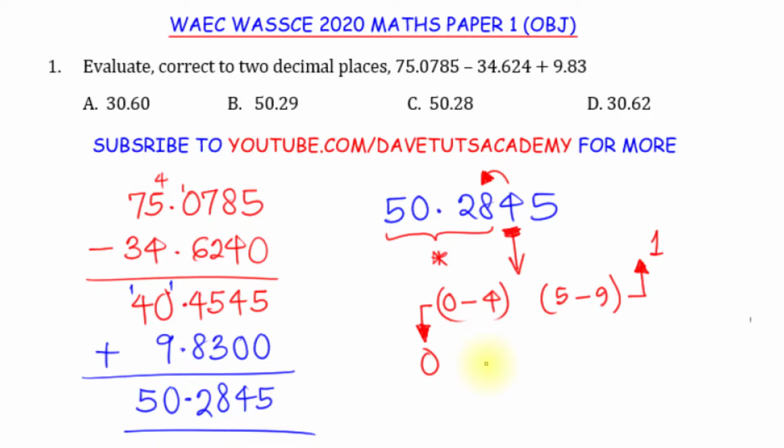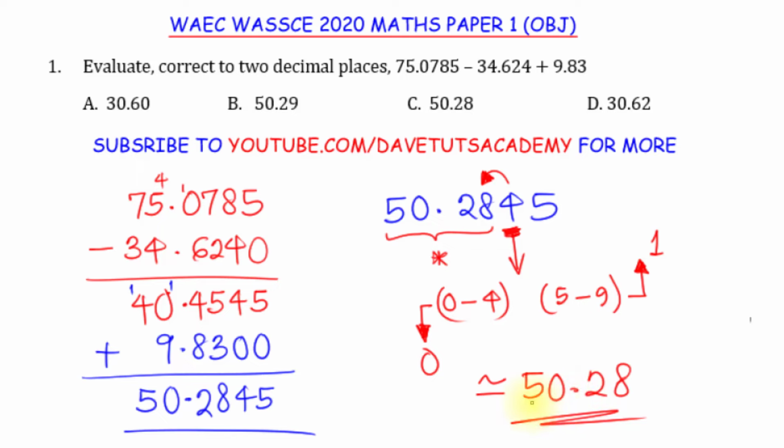And in that case, our answer correct to 2 decimal places will now be 50.28. If this was 5, then we would have taken it to 1 and added it to 8, and that would give us 9, and the correct option would have been B. But in this case, since we have 4, and we are rounding so that we can put them in 2 decimal places, we round 4 down to 0, and 0 plus 8 will be 8, and the other numbers retain their position.